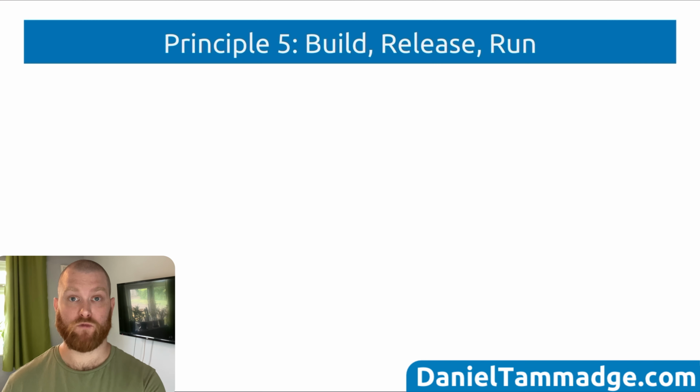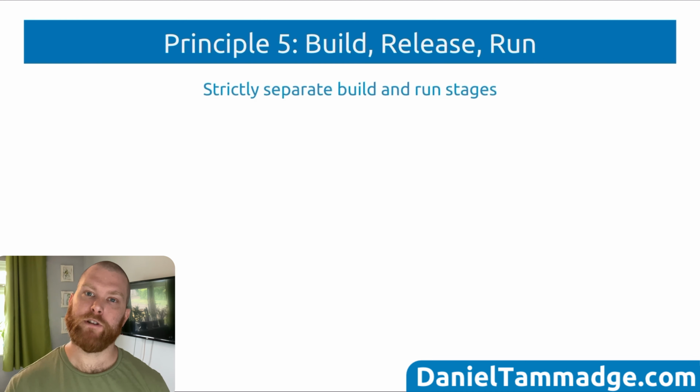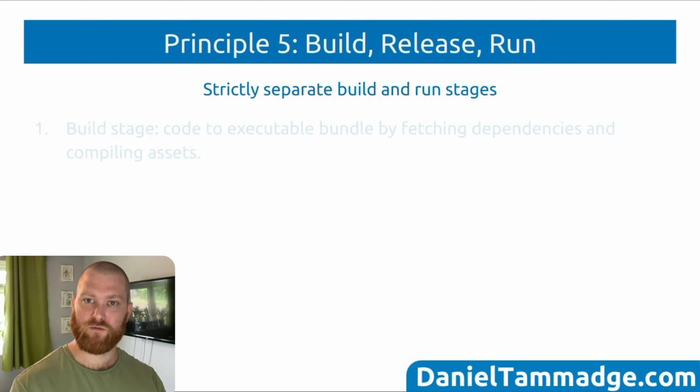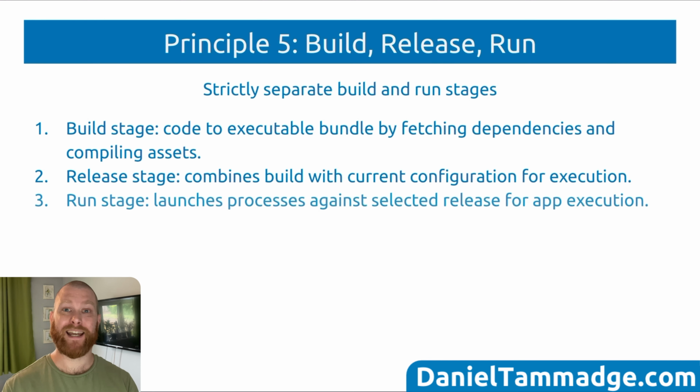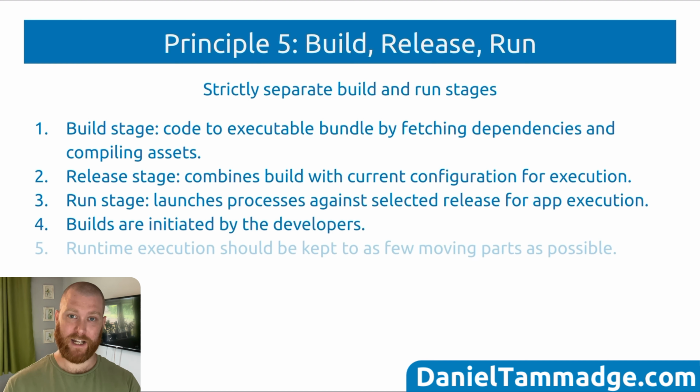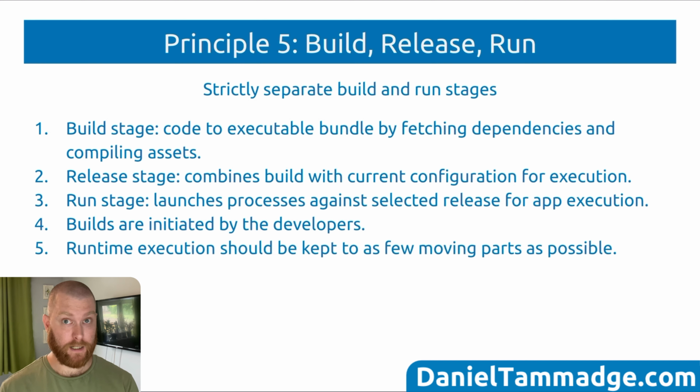Principle 5, build, release and run. Strictly separate build and run stages. This principle emphasizes the importance of separating the build, release and run stages of software development. By doing so, it's easier to manage changes and ensure that software is deployed consistently.